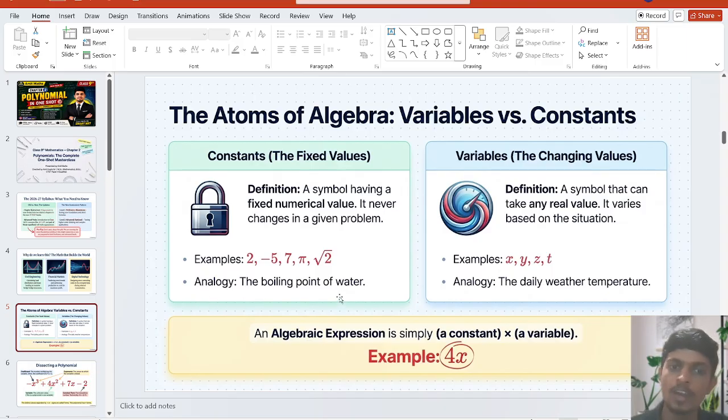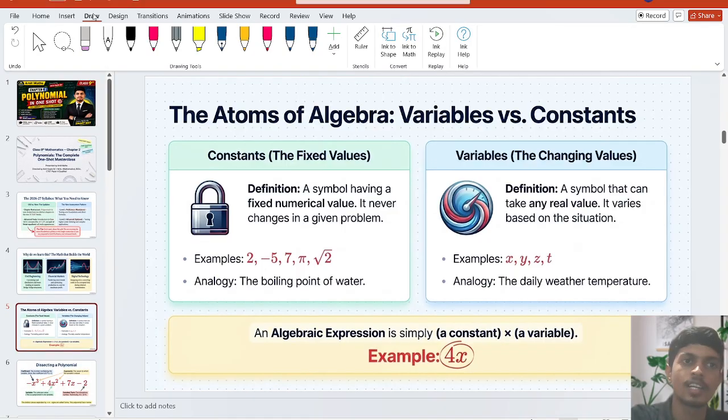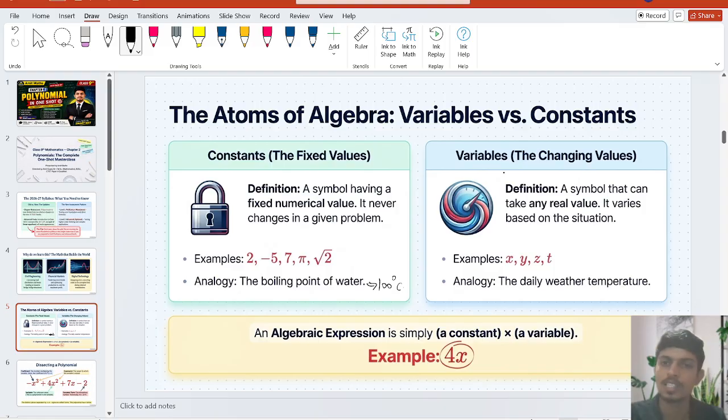Example: the boiling point of water. You already know that this is only 100 degrees Celsius, so we can write this as a constant. Okay. And similarly, a variable is a changing value. Definition: a symbol that can take any real value. It varies based on the situation.